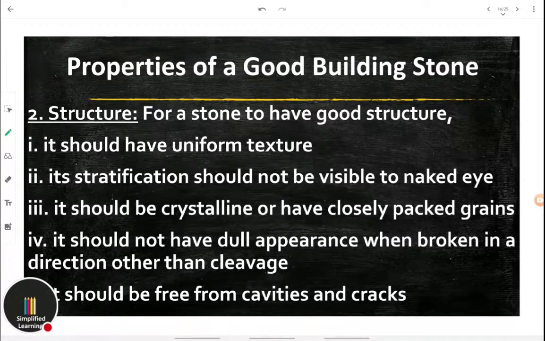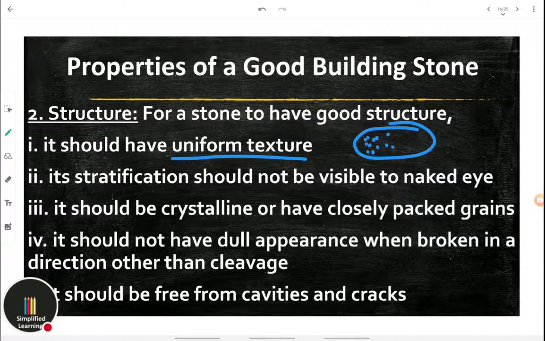Good structure. The stone is supposed to have good structure. The first point regarding structure is that it should have uniform texture. Texture means appearance, the feel; the molecular arrangement should be uniform. The apparent property of the stone which is texture should be uniform.